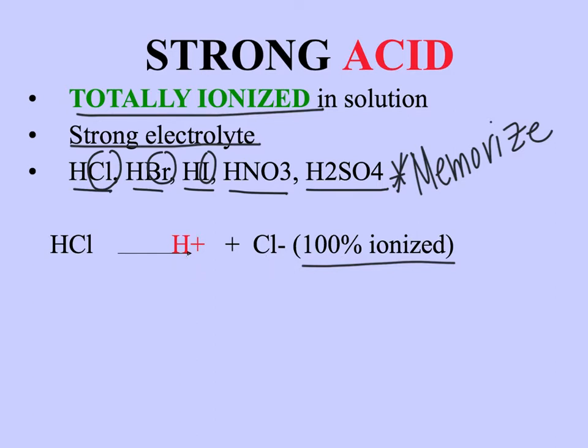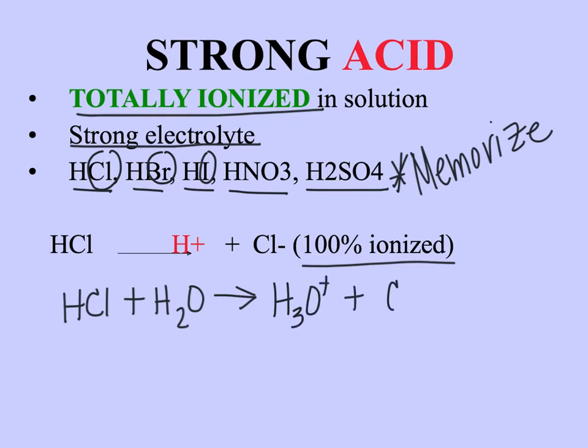Okay? Now another way you can write this, you don't have to add water to your equation, but if you do choose to add water, you will still use a single-headed arrow, but instead of H plus, you are going to get hydronium, H3O plus, and then the chloride ion in solution.